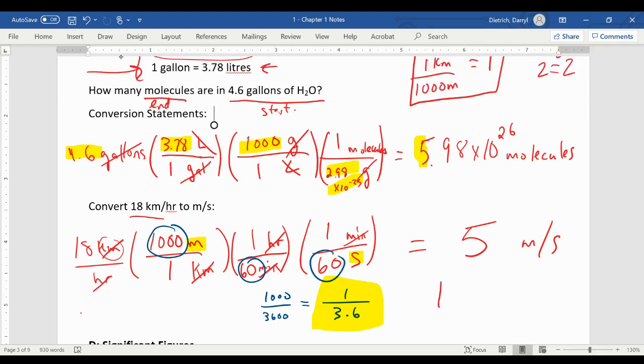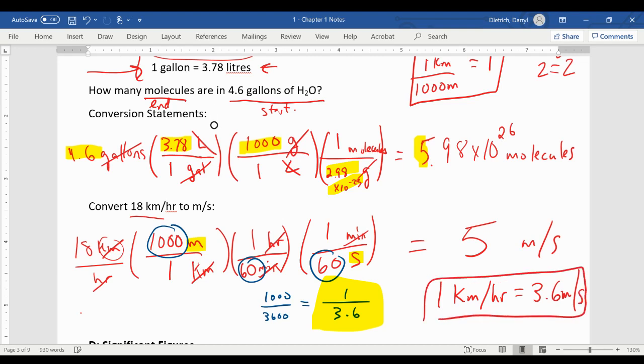We know that 1 kilometer per hour is equal to 1 over 3.6 meters per second. So at the beginning of this question, if I had 18 kilometers per hour, the shortcut for me would be to go 18 divided by 3.6, and that'll end up as an answer of 5.